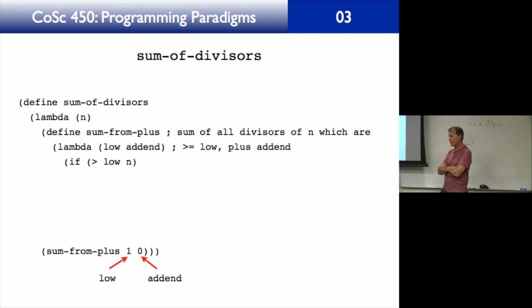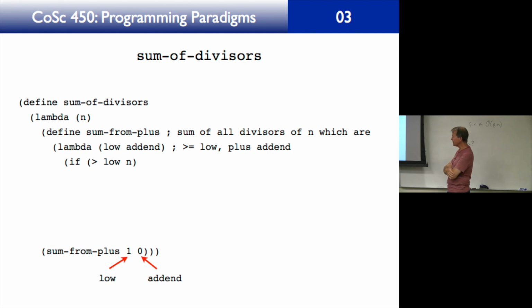But are we passing it to something plus? Well, good question. The answer is we are returning. What do functions always do? Isn't the thing that changes one of the things we're passing to sum from plus when we call it again?